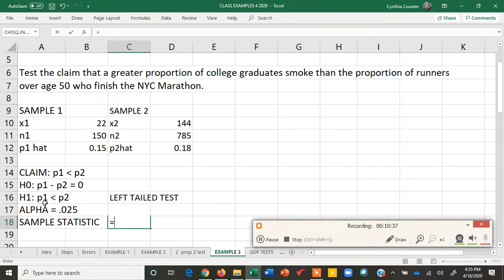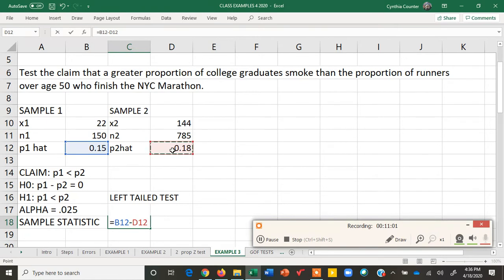So it has to be that P1 minus P2 corresponds to P1 hat minus P2 hat as the sample statistic for the difference, in the same order as in your alternative hypothesis.